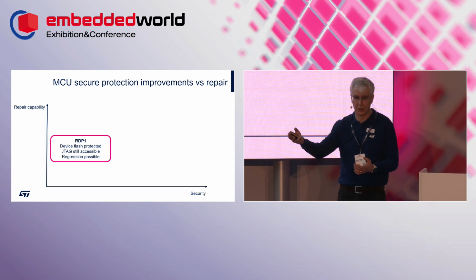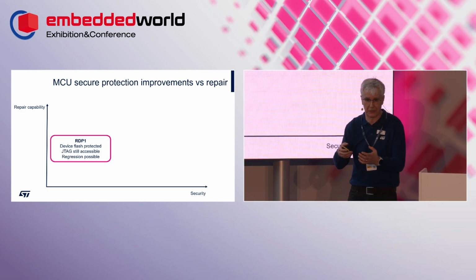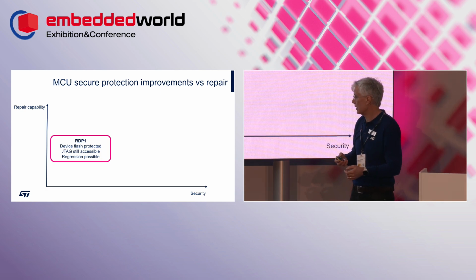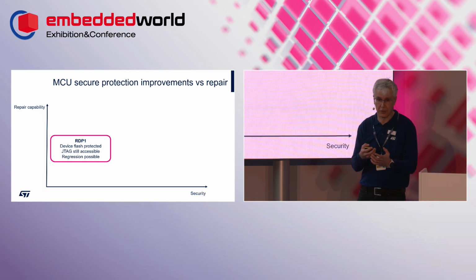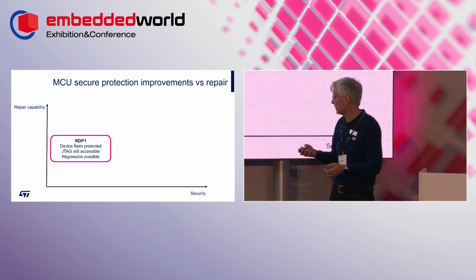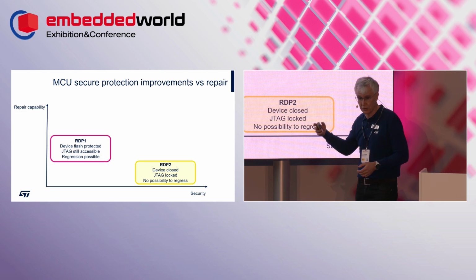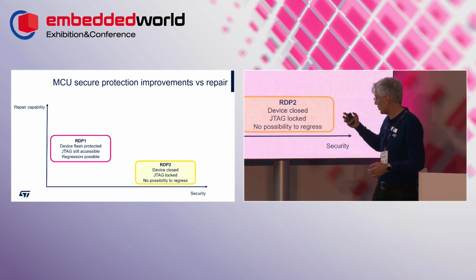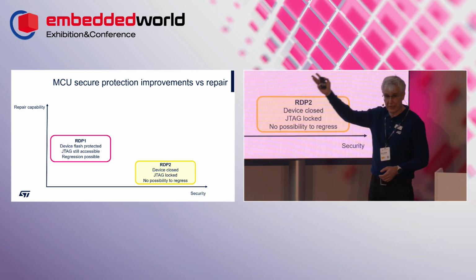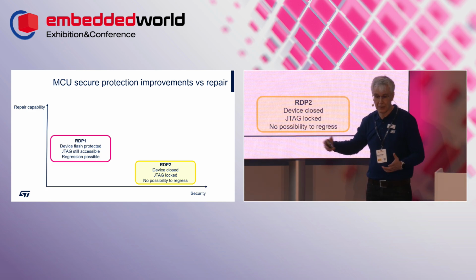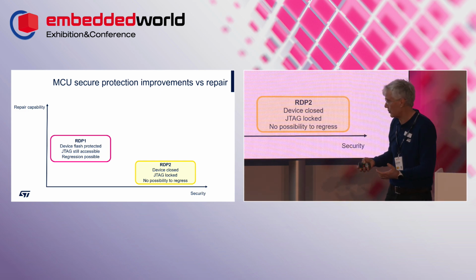So when you receive the device from the field, you can regress the device, put another software, firmware, and investigate, but you have only hardware investigation in that case. Then we had this RDP level 2, where the device is closed. In that case, the level of security is much higher, but the repair capability is lower. You have only a black box to understand what happens.